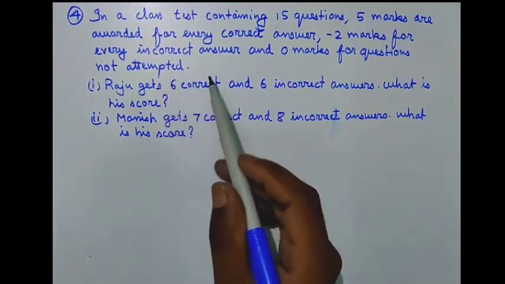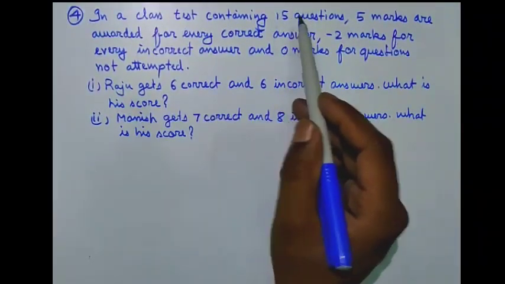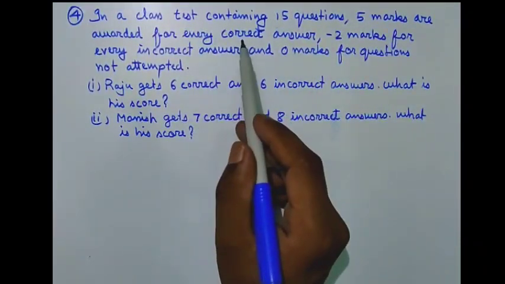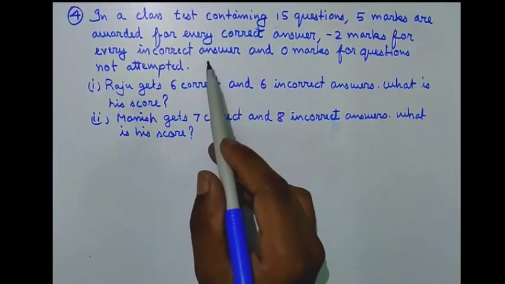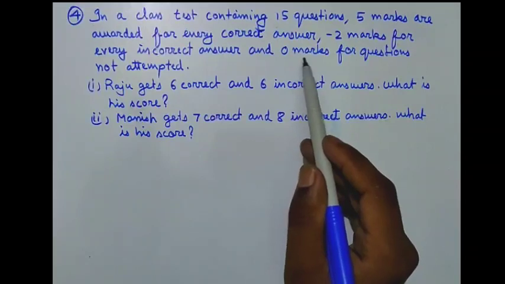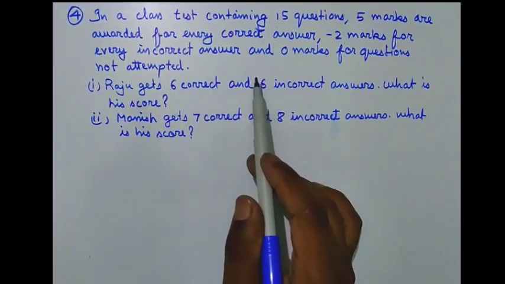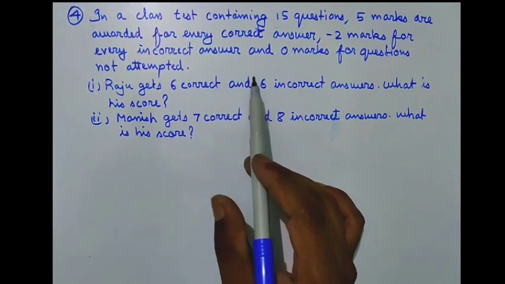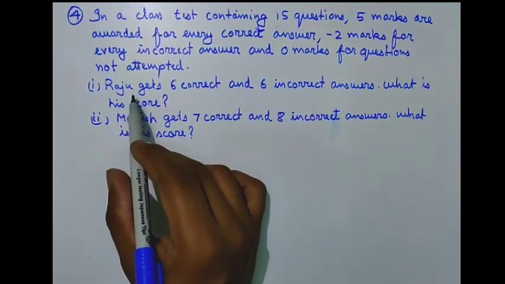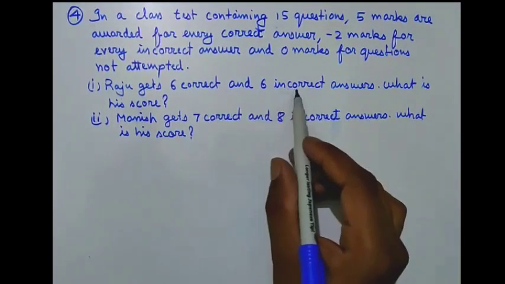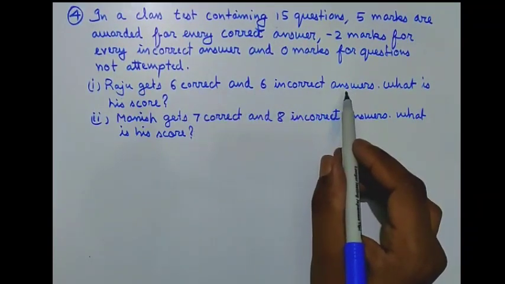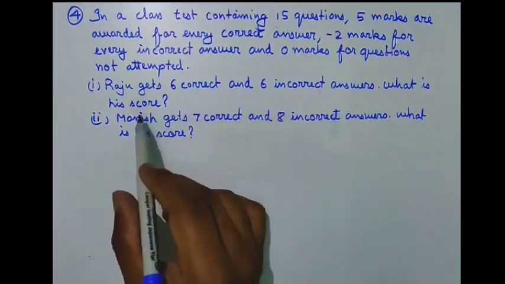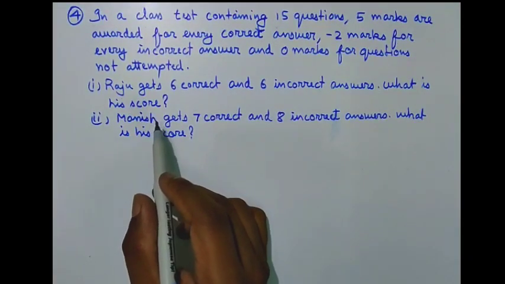So first part says Raju gets 6 correct and 6 incorrect answers. What is his score? Let's find out his score.